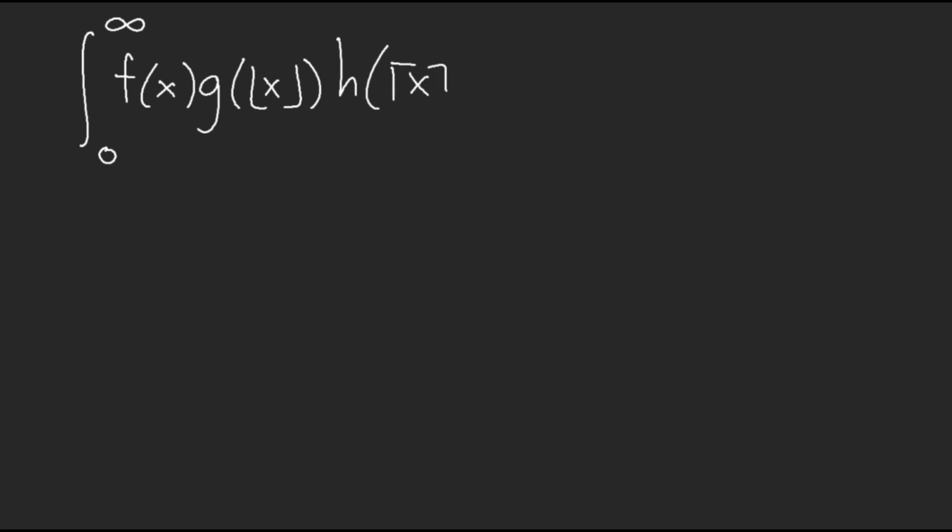So let's say for some function, you have a regular function, and then you have some parts where it's a floor function or a ceiling function, or it could even have fractional parts.